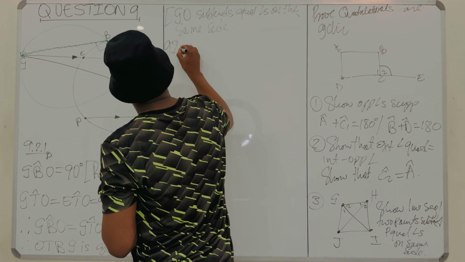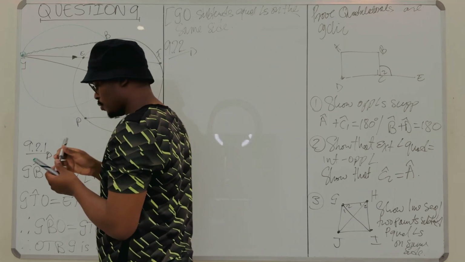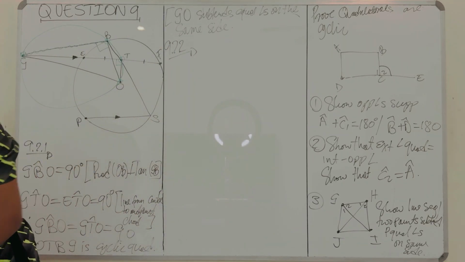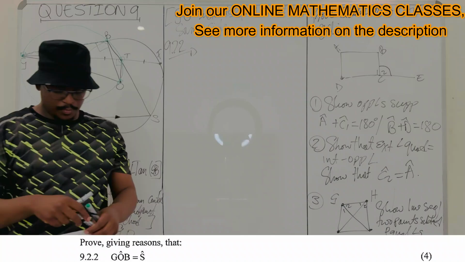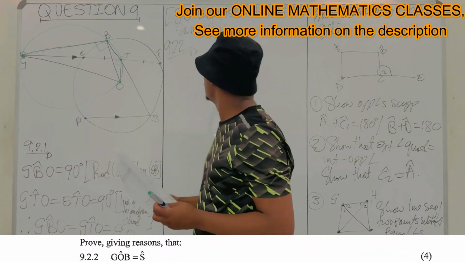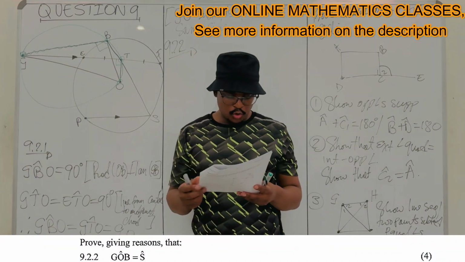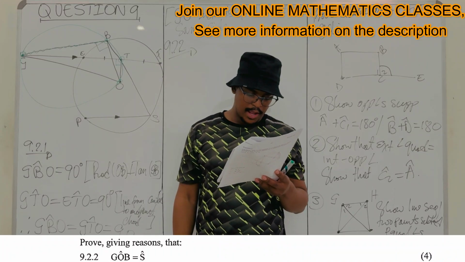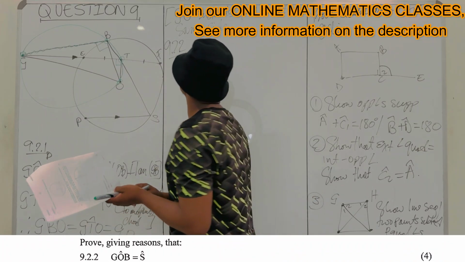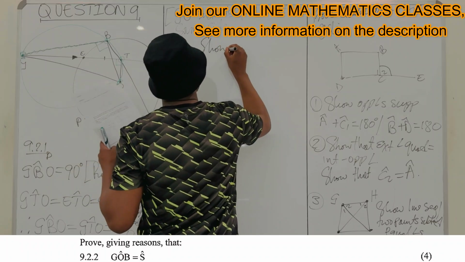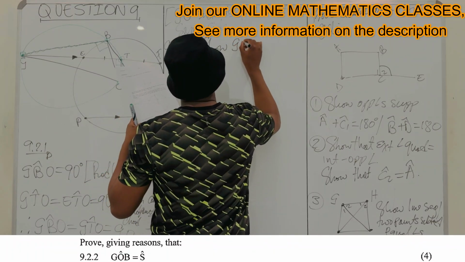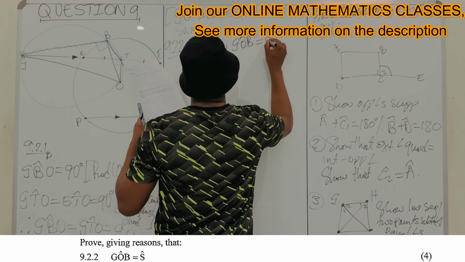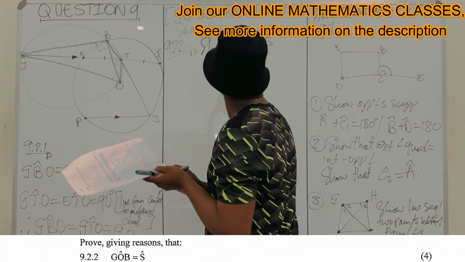Let's go to 9.2.2 and we'll be done with this question. What are they saying at 9.2.2? They are saying, show that angle O between GO and OB is equal to S. That's what they want us to show.